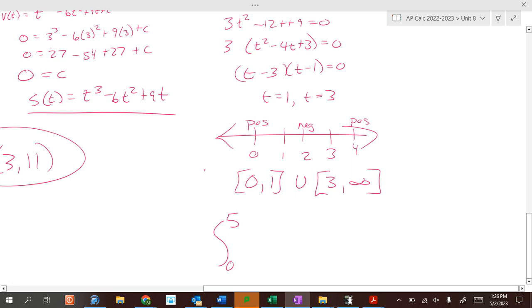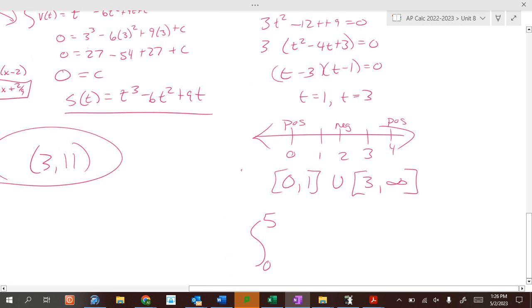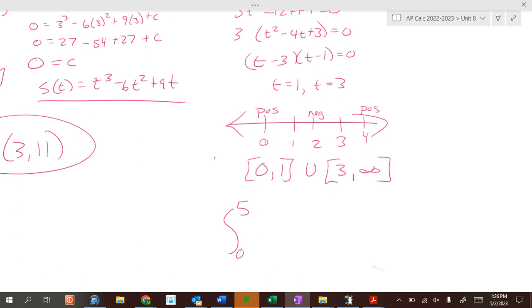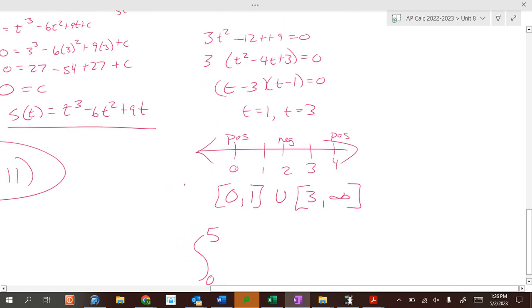And what they did is they just found the change in position divided by the change in time, or change in position to find distance, which would make sense.